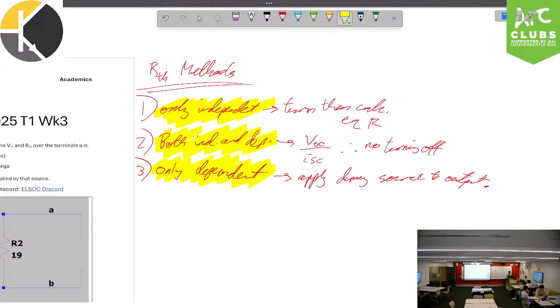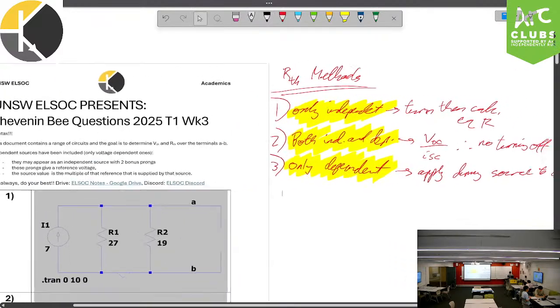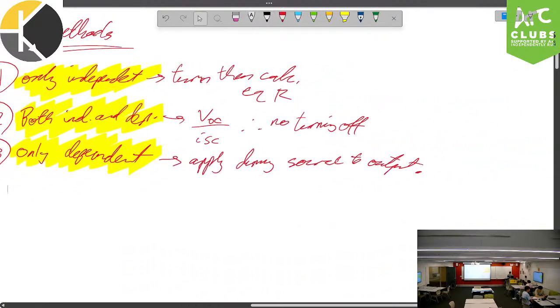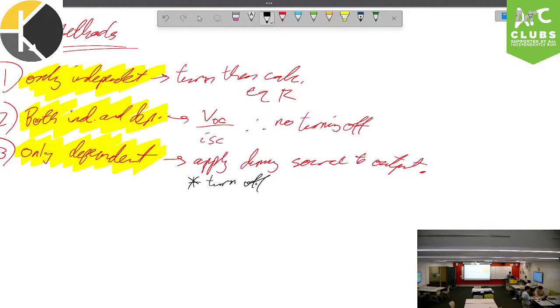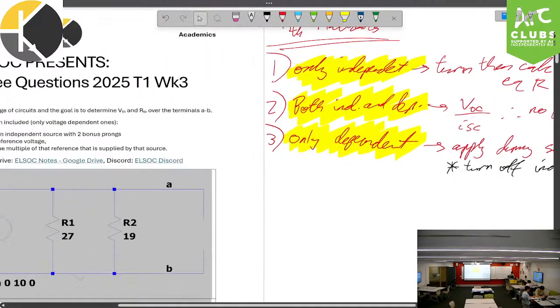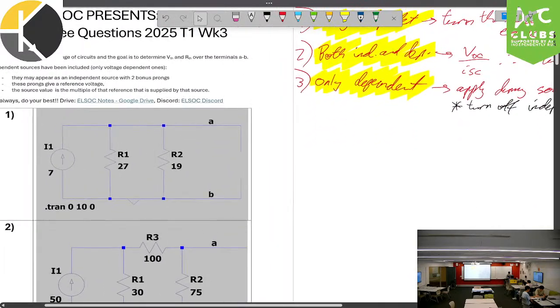You cannot use methods 1 and 2 if you only have dependent sources, and so we have to move on to number 3. Although, you can actually use number 3 in all scenarios, right? Mind you, we add an asterisk here just to say that you have to also turn off the independent sources to use it.